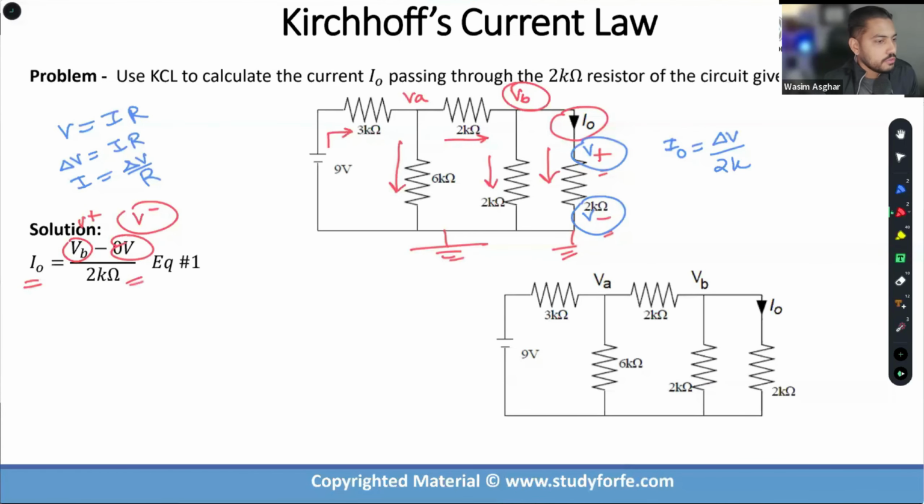So I have one equation for I naught. And notice that underneath the KCL resides Ohm's law, right? Ohm's law is the most fundamental circuit analysis equation or rule or law, whatever you want to call it, principle that helps us analyze these circuits, right? So pretty simple, straightforward. So we have an equation for I naught in the form of VB.